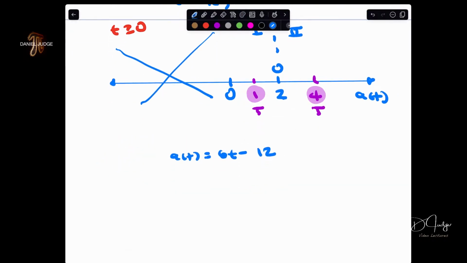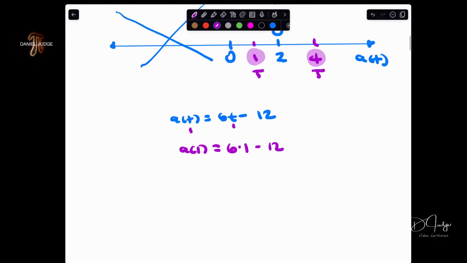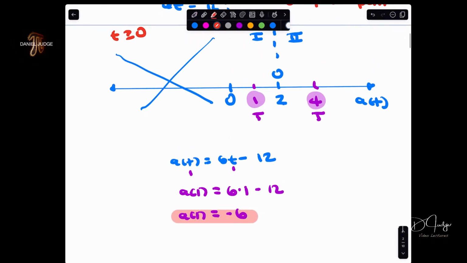But all right, let's test 1. So a of 1 is 6 times 1 minus 12. A of 1 is negative 6. So it's negative. Plug in t is 4 now.